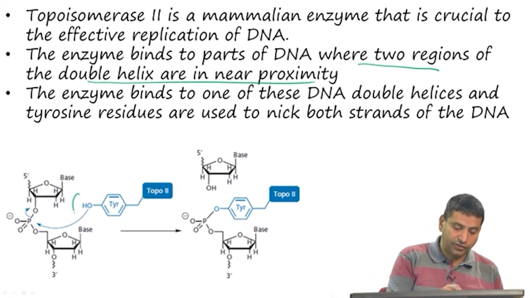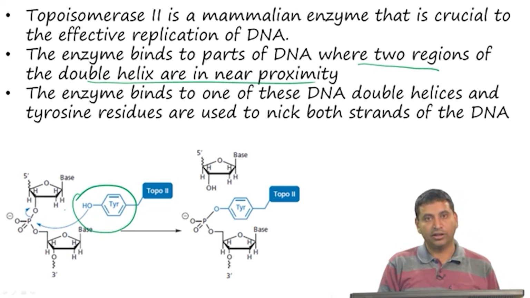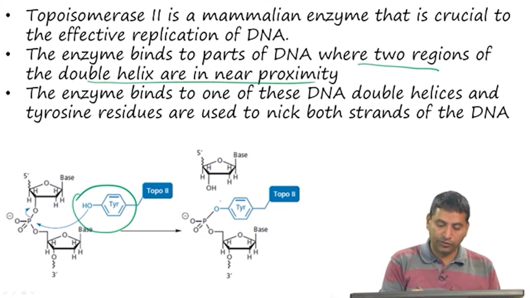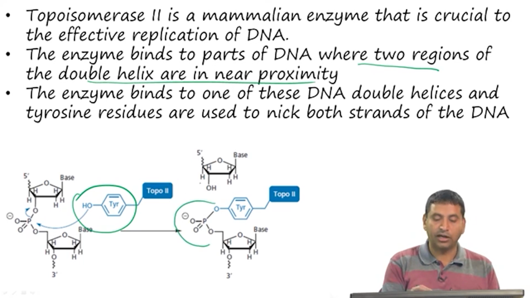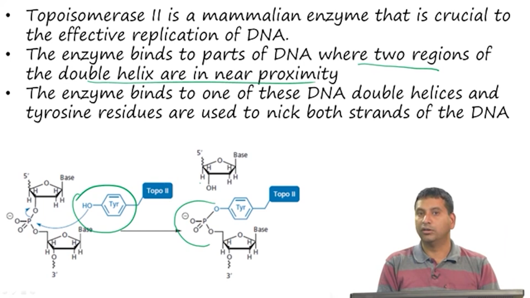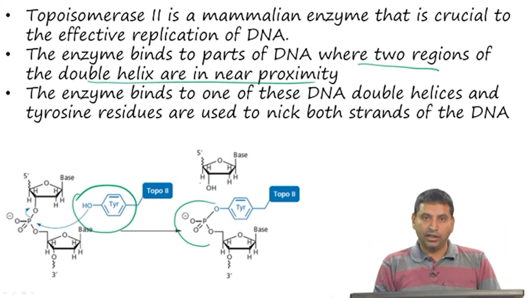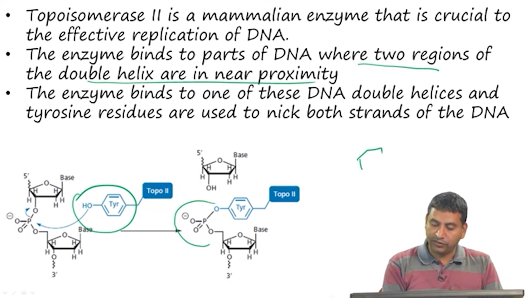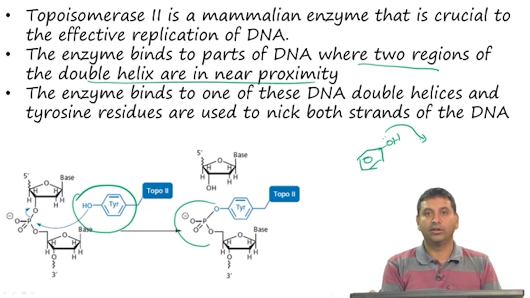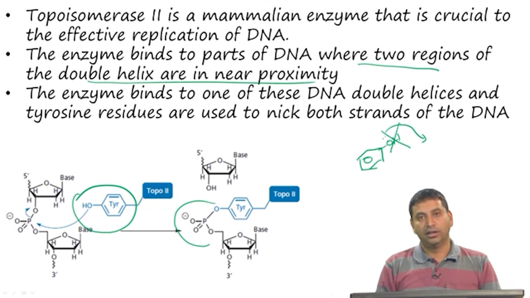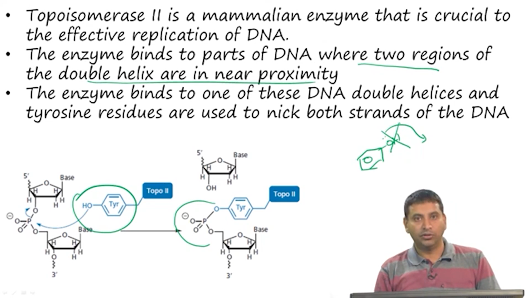This tyrosine residue over here reacts with this phosphodiester bond here and produces a nick, because you now have the separation of the single strand. So, if you now mutate this tyrosine residue, whose hydroxyl group is very crucial, and remove it and only use phenylalanine, then there is no possibility of this reaction occurring, and therefore the enzyme loses its activity.